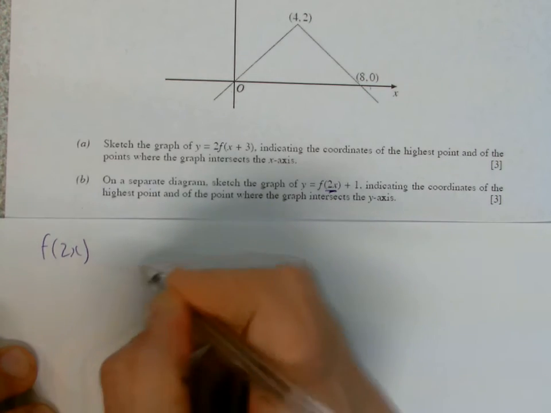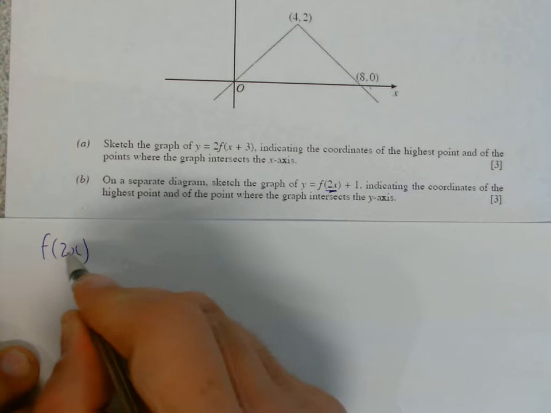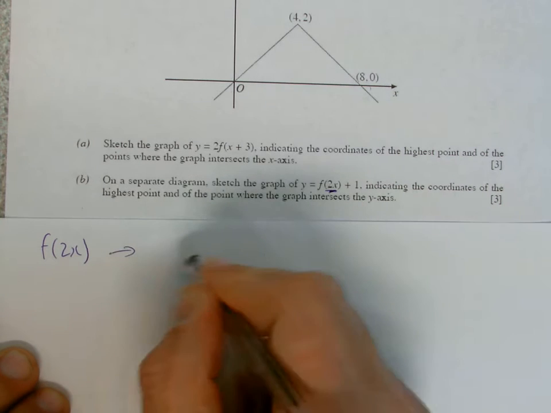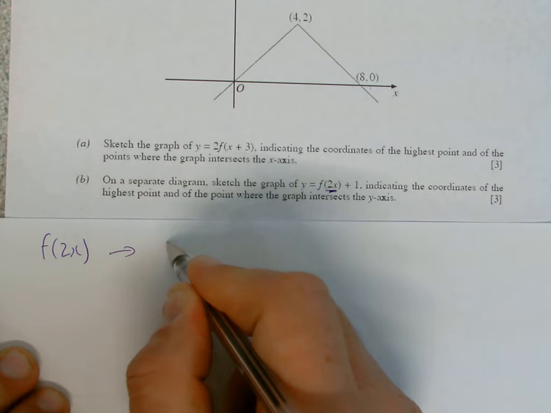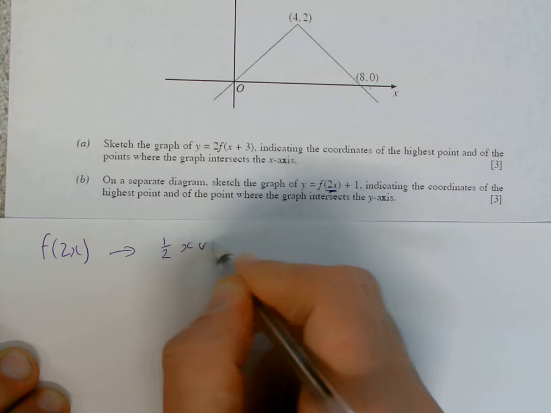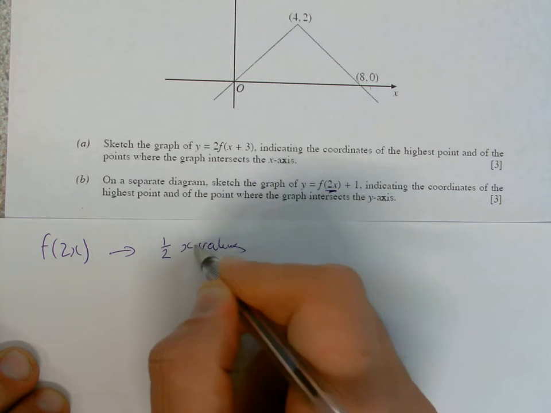Remember, in the bracket, you're always doing the opposite. So with 2x, you're multiplying the x values by 2, so the opposite will be dividing the x values by 2. So it's a scale factor of a half, so you're halving the x values essentially.